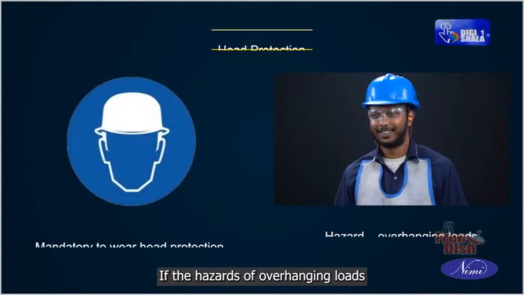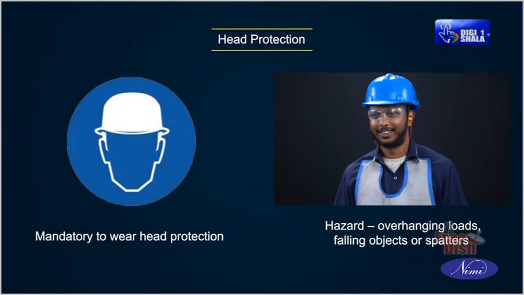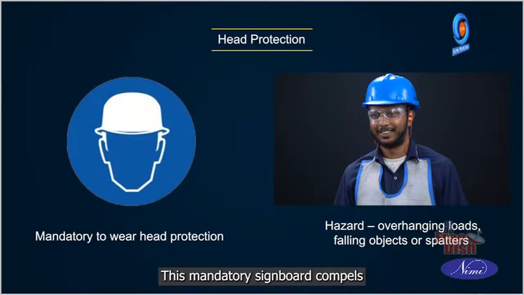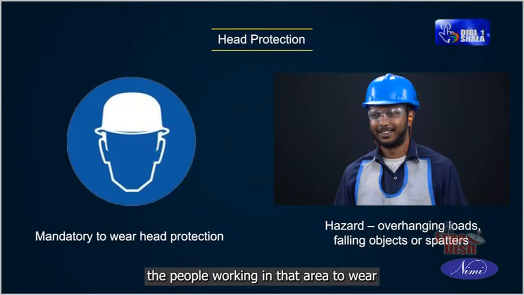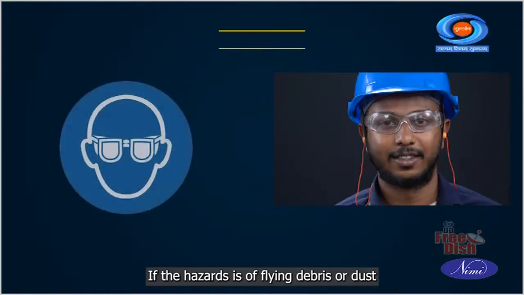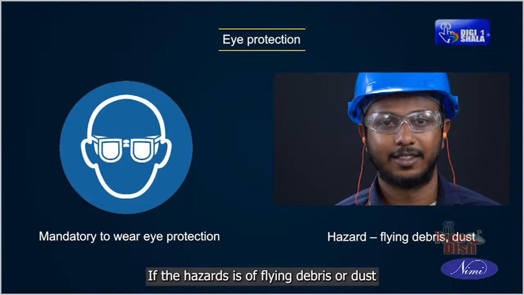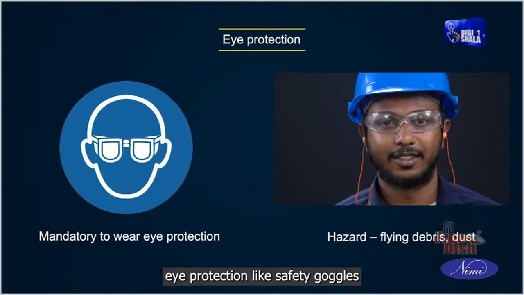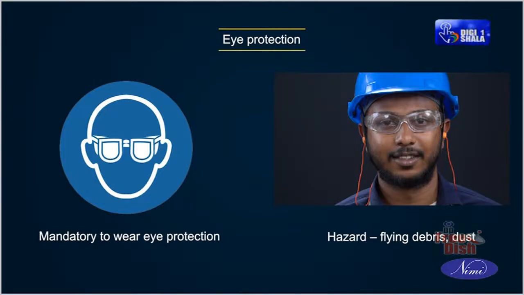If the hazard is of overhanging loads or falling objects or spatters, this mandatory signboard compels the people working in that area to wear head protection like safety helmets. If the hazard is of flying debris or dust, this mandatory signboard compels the people working in that area to wear eye protection like safety goggles.